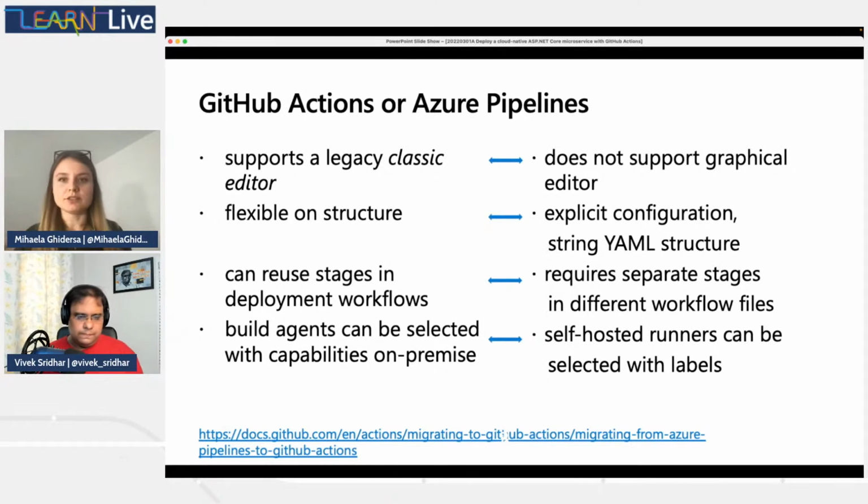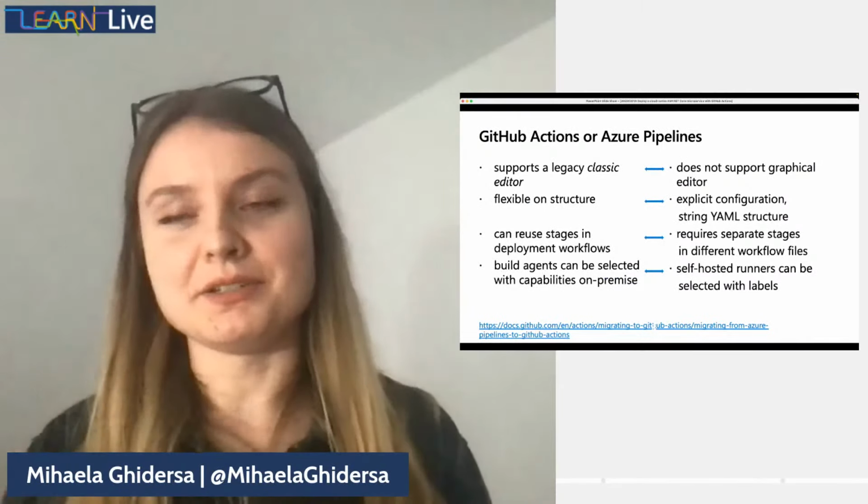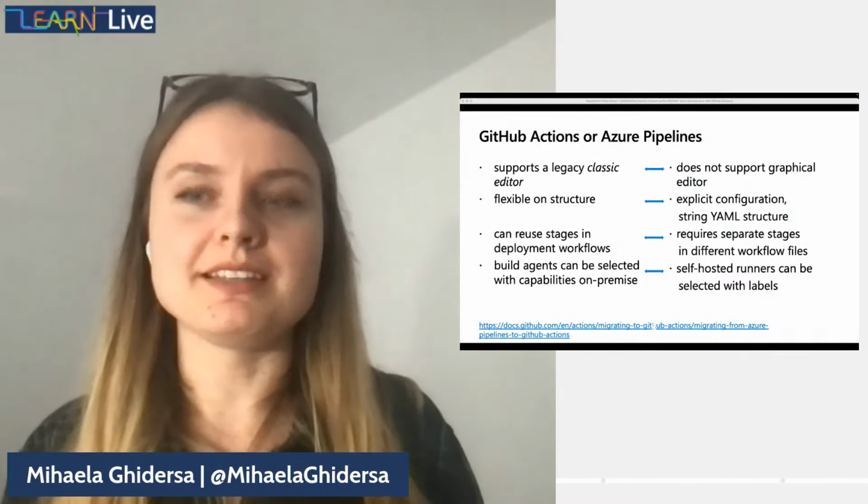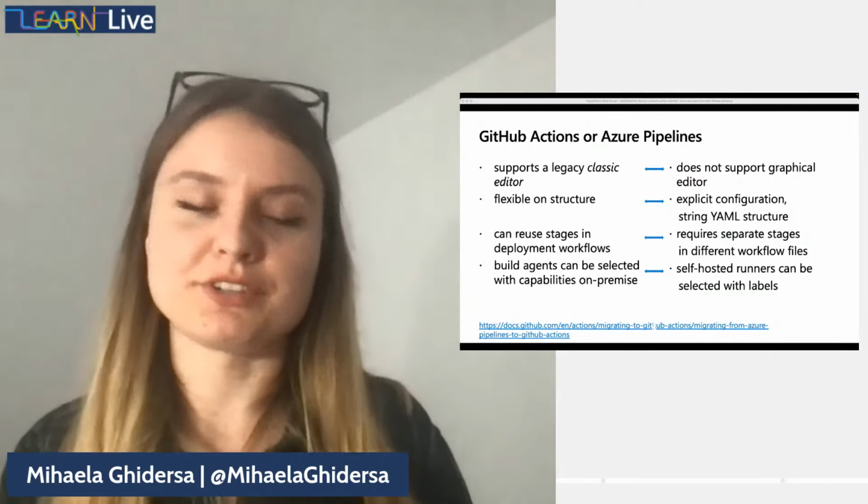GitHub Actions, on the other hand, uses files to create the workflow, so they don't have a graphical editor. For someone doing this for the first time, it might be easier to visualize the steps, and easier to understand how you create that continuous integration configuration in Azure Pipelines in comparison to GitHub. So maybe this is something that can be a difference.